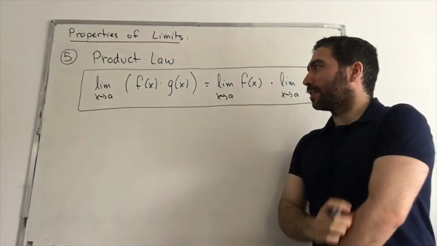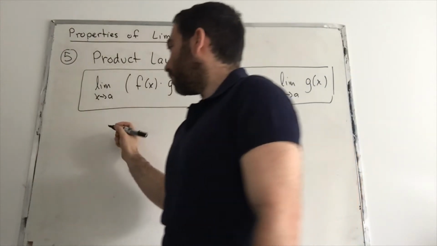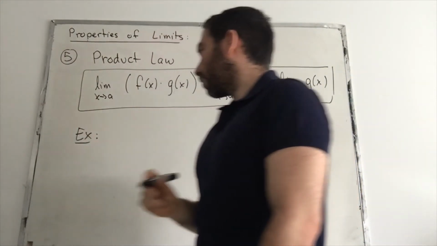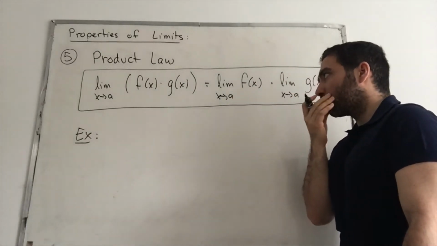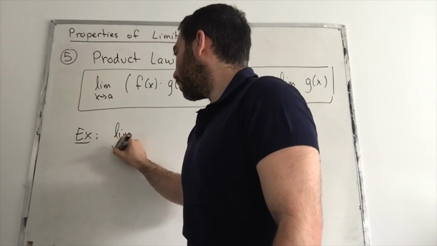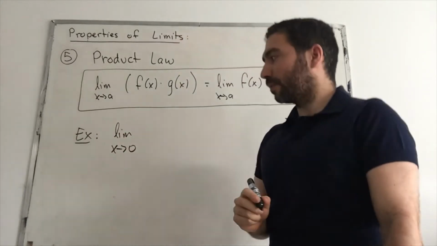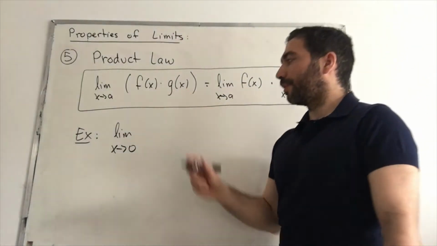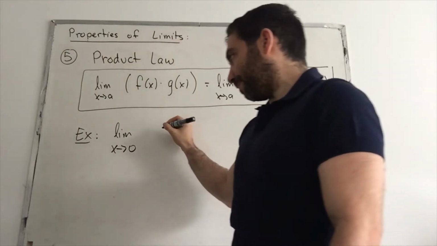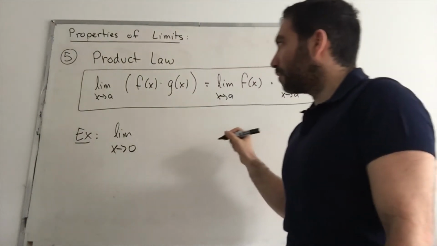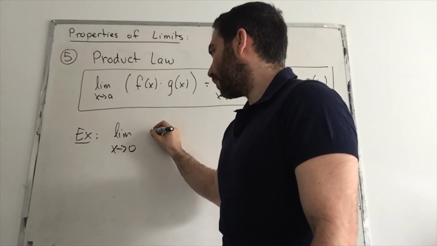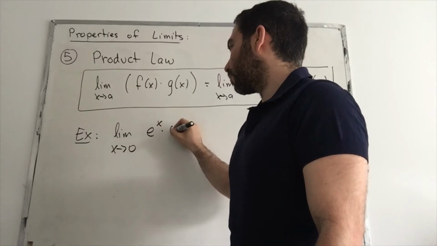And let's take a look at an example. So an example would be, this might be a bit advanced, but I think it's okay. We'll take the limit as x goes to 0. And the two functions we're going to work with, they're continuous, so it's okay. We'll see this maybe later on when we see the direct substitution property, but essentially what we have is, let's take e to the x times cos of x.